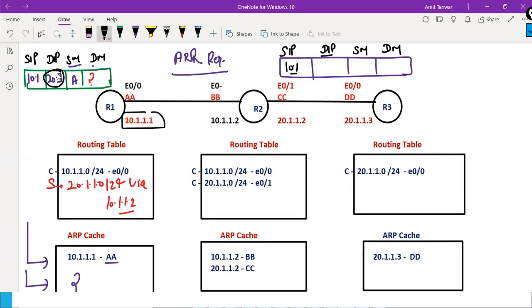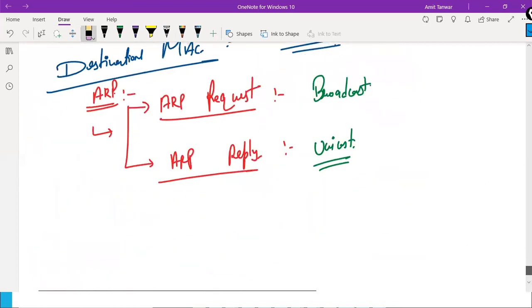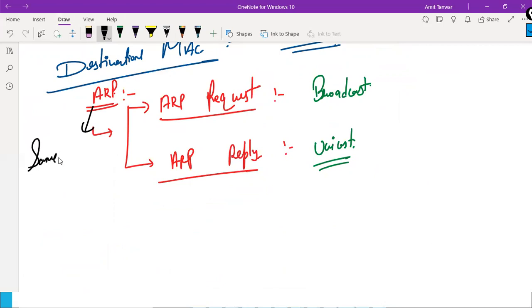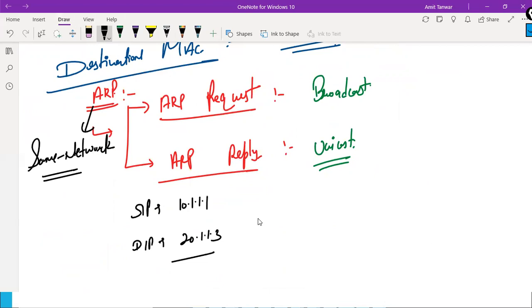But ARP can happen only within the same network, not from one network to another. Right now the source IP is 10.1.1.1 and the destination IP is 20.1.1.3, so this will not work.